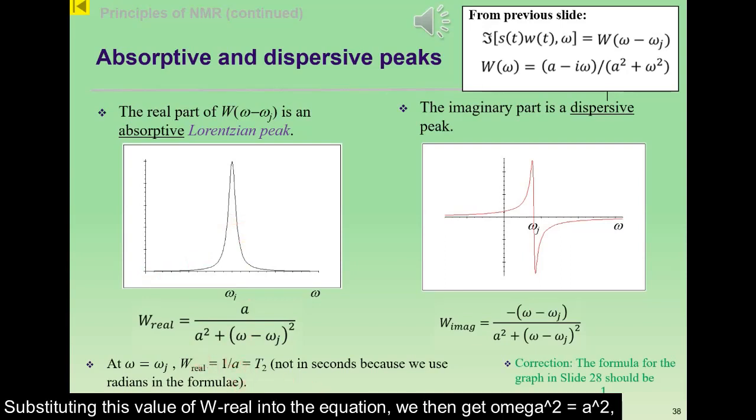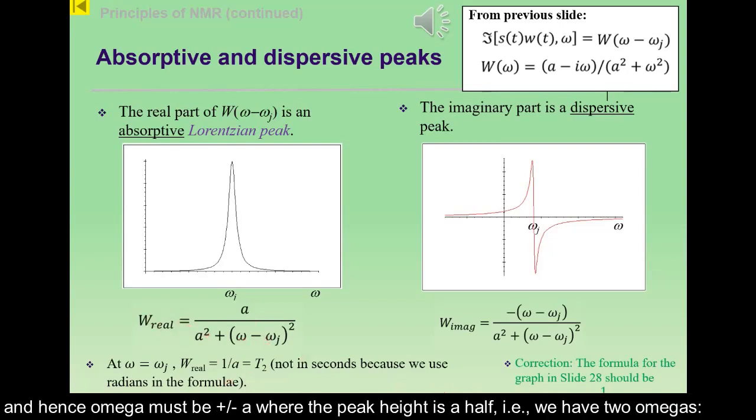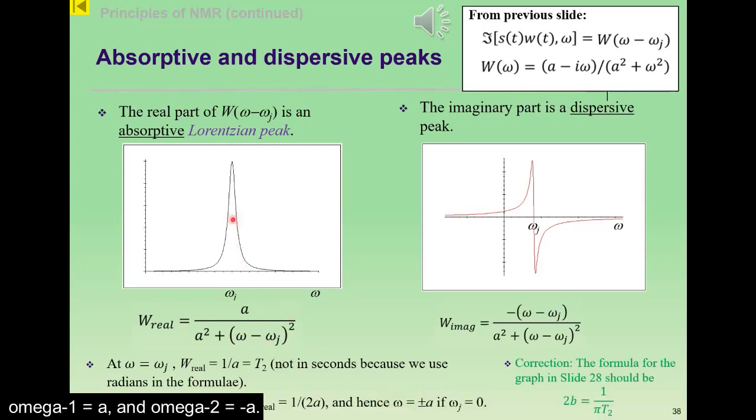Substituting this value of W real into the equation, we then get omega squared equals A squared. And hence omega must be plus minus A, where the peak height is a half. I.e., we have two omegas. Omega 1 equals A, and omega 2 equals minus A. What is A?